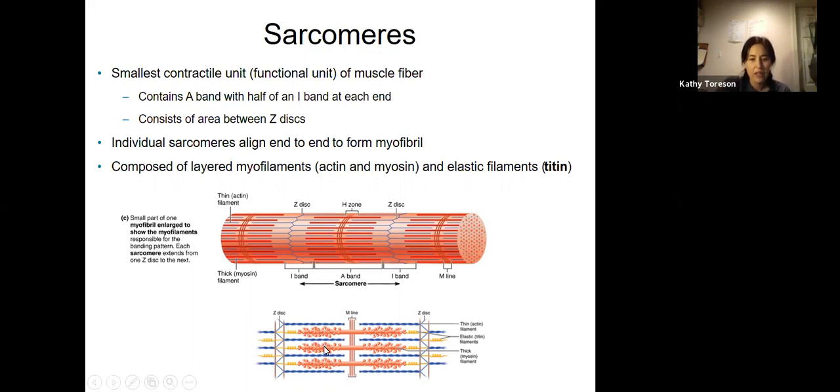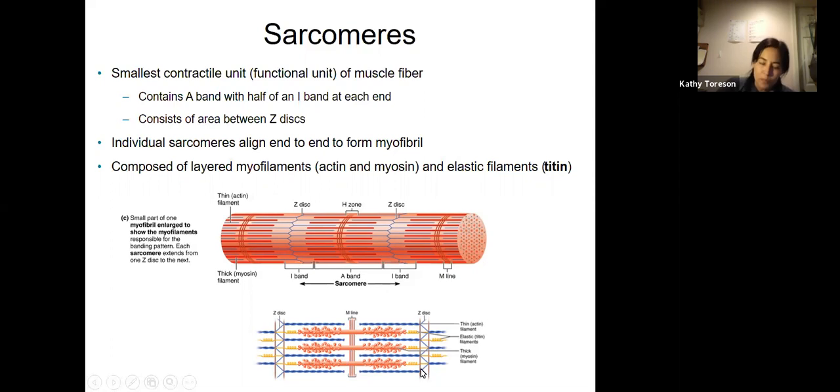And it's layer upon layer upon layer. Now the one part that I do want to point out is this M line here in the middle of the sarcomere. Okay. So that M line here is unique in that it is where there is only the thick filaments, the myosin filaments. There are no actin filaments in this center region here.